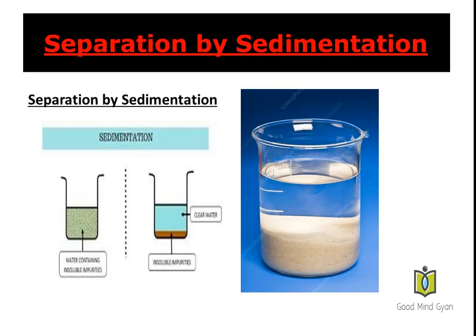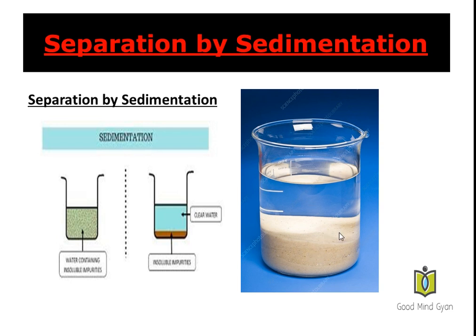Next process is sedimentation. This is a process in which you take a beaker and take water which contains insoluble impurities. Just leave it aside for a few hours. You will find that all the insoluble impurities will settle at the bottom and you will have clear water on the top.